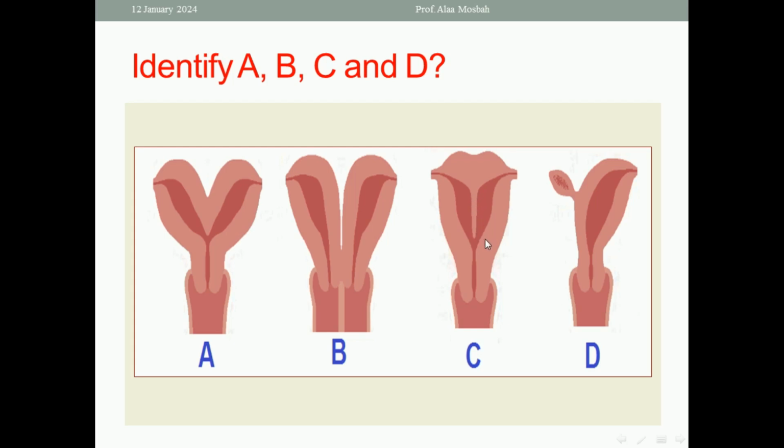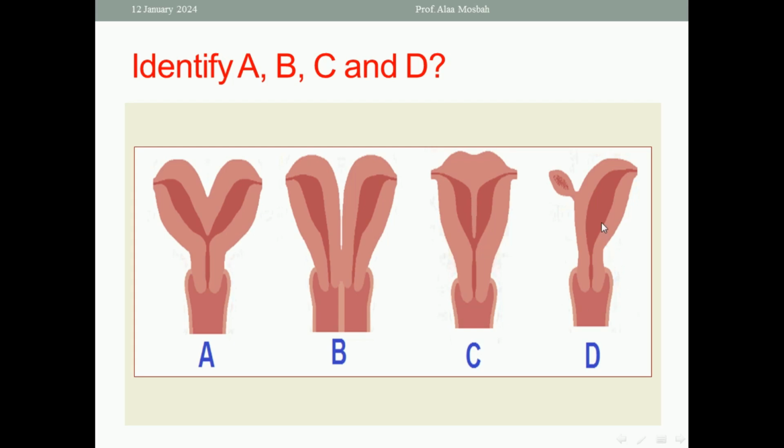This also occurs due to abnormality in the development of the Mullerian ducts. We have two Mullerian ducts. When they fuse with each other, the separation in the middle must be resolved and disappear. If persistent, it leads to a septate uterus. Okay.